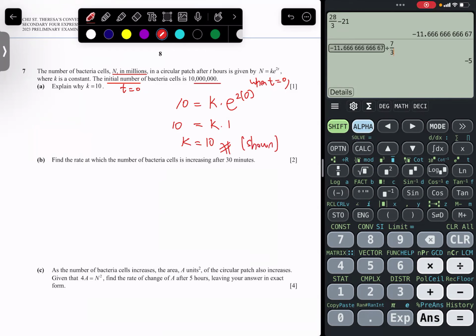Find the rate at which the number of bacterial cells is increasing after 30 minutes.